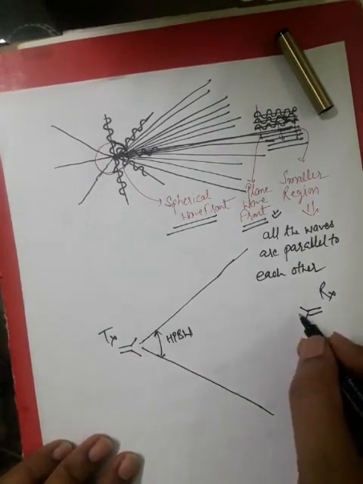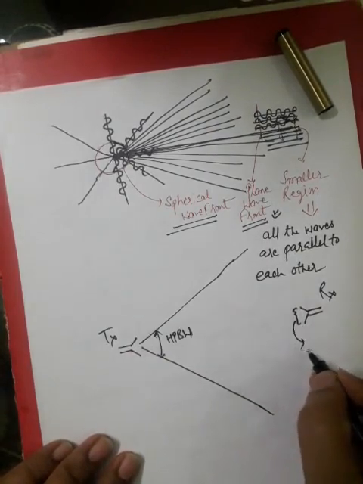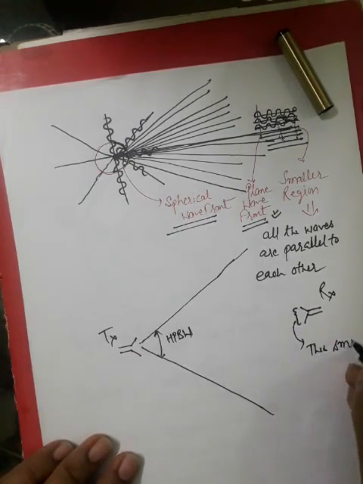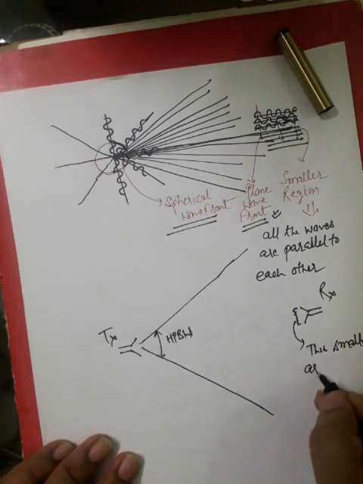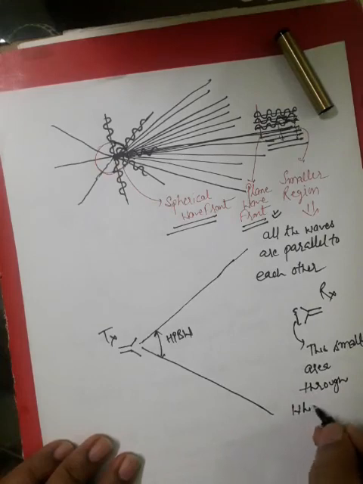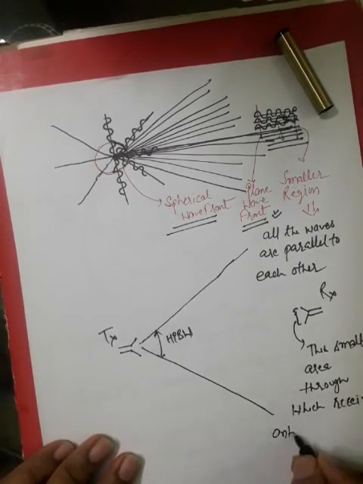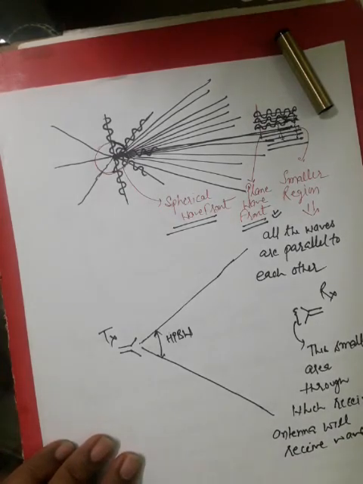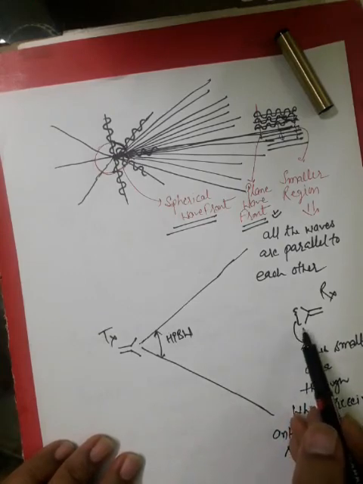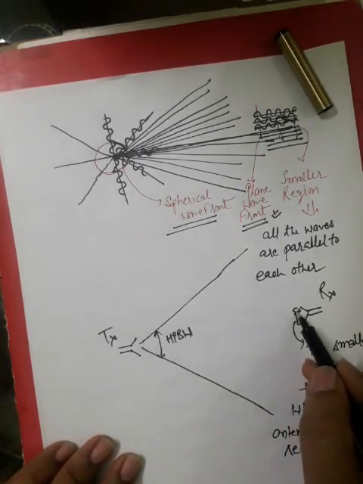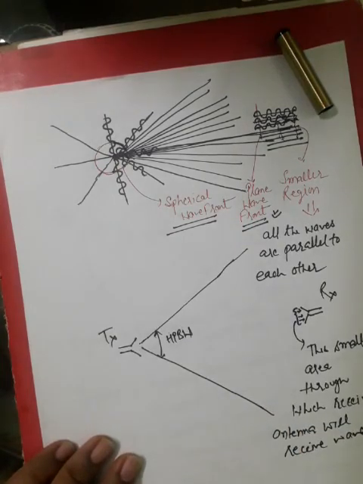The area from which it will receive the wave is this smaller area through which the receiver antenna will receive the wave. And as it is in far field, it will receive waves which are parallel to each other, and it will receive the wave in plane wave front.